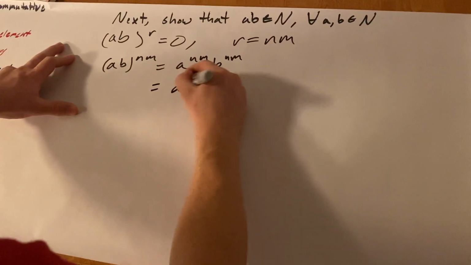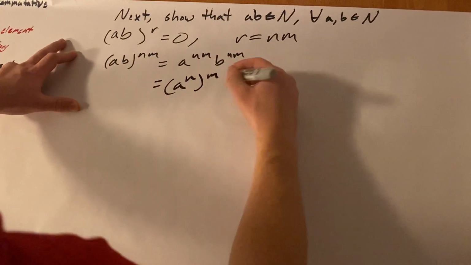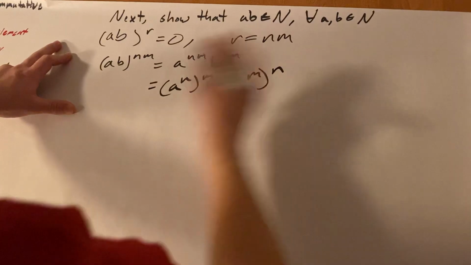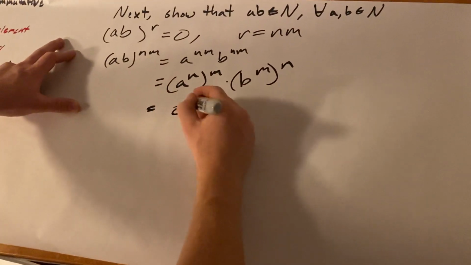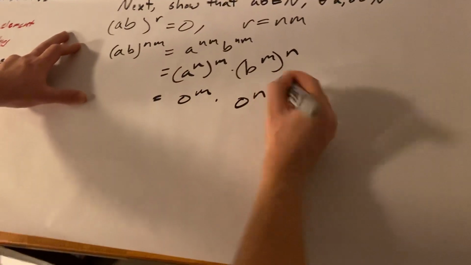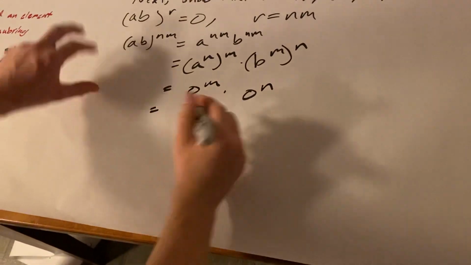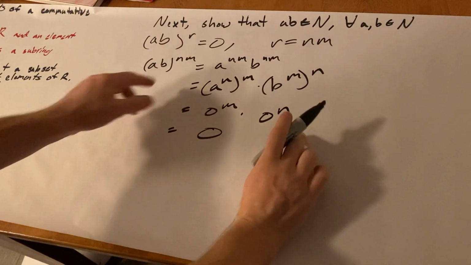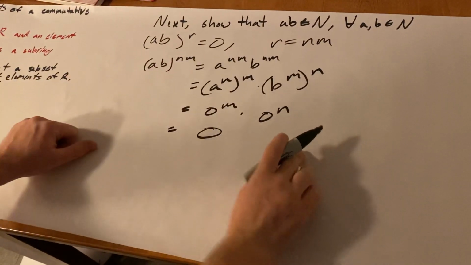So that's equal to a to the n to the m times b to the m to the n, which is equal to 0 to the m times 0 to the n, which is equal to 0. So ab is nilpotent with nm in Z.